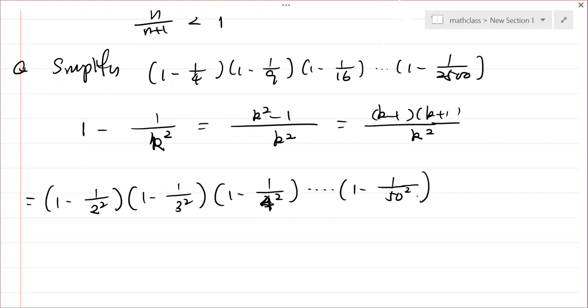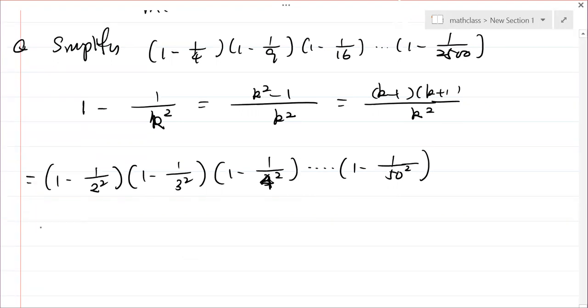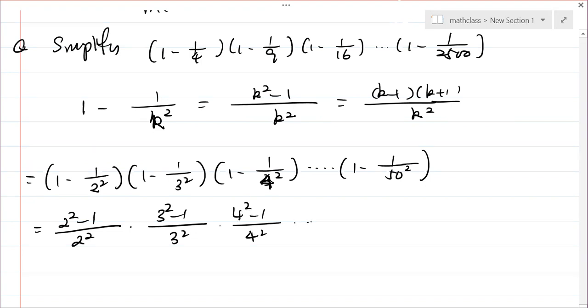So I cannot multiply them out, just too many terms, right? What I'm trying to do is add those 2 terms inside each parenthesis. So I get 2 square minus 1 over 2 square, 3 square minus 1 over 3 square, 4 square minus 1 over 4 square, and 50 square minus 1 over 50 square.